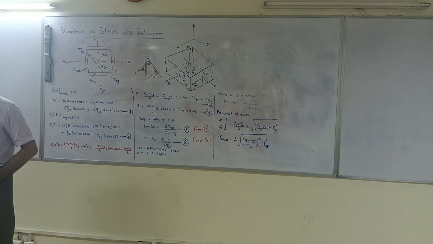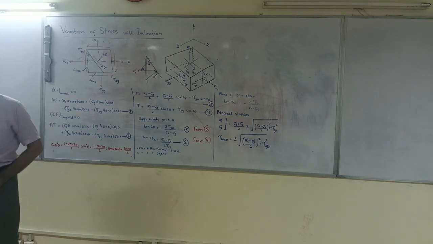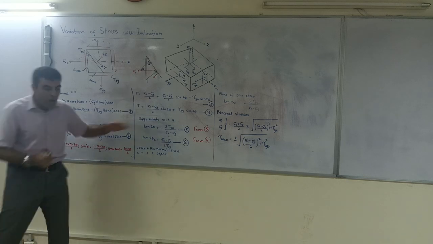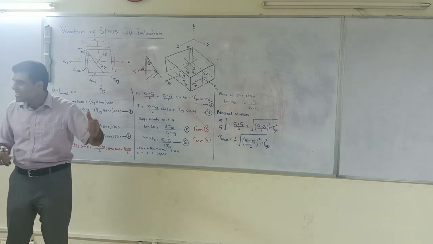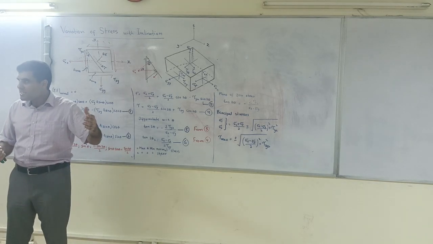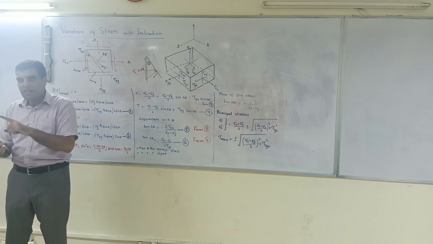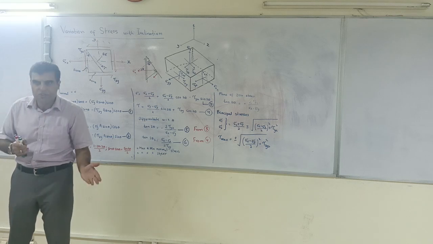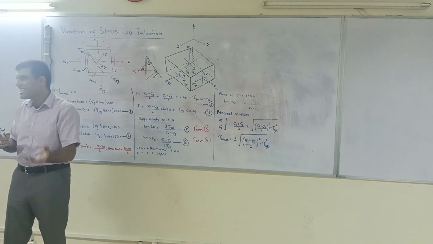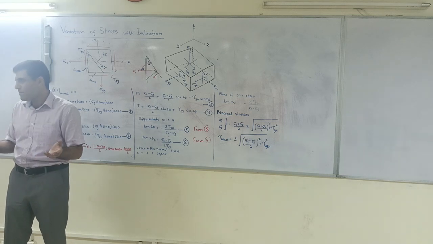Tangent theta period is 180 degrees; tangent 2 theta period is 90 degrees, because 2 times 90 is 180, isn't it? So the difference between the maximum stress plane and the minimum stress plane is 90 degrees. It's not 180 degrees.